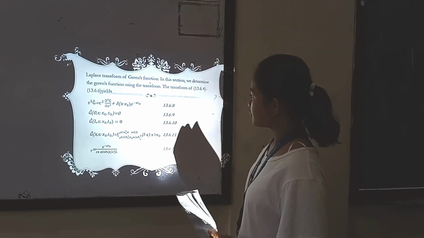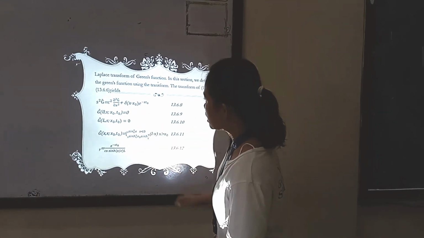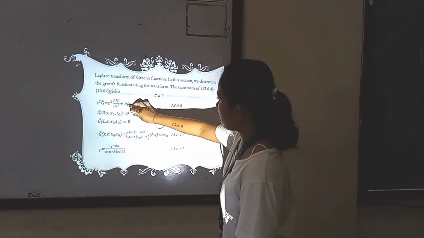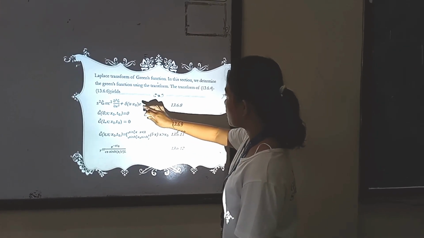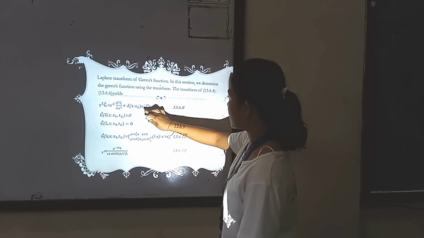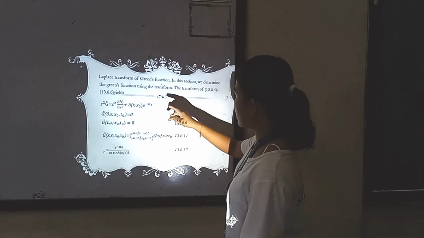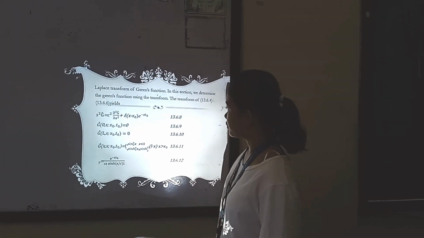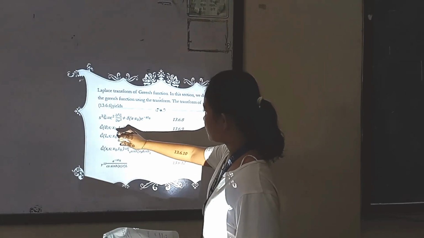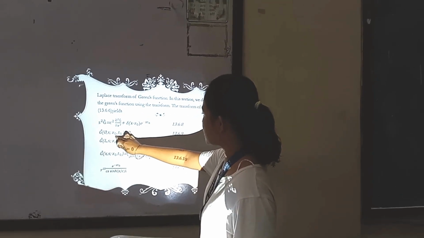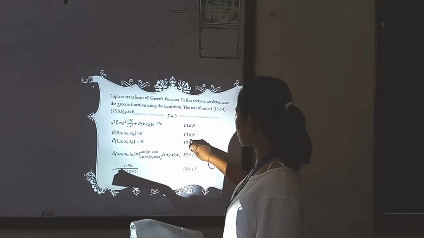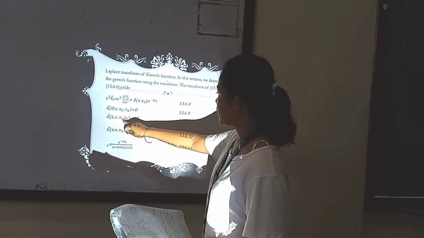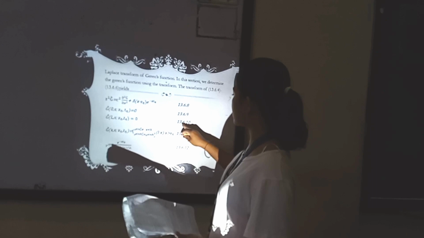So we have s squared G bar equals c squared times the second derivative of G bar with respect to x squared plus delta of x minus x naught times e to the negative s t naught. So this is 13.6.8. Then G bar of 0, s; x naught, t naught equals 0. So this is 13.6.9. Then G bar of l, s; x naught, t naught equals 0. So this is 13.6.9.